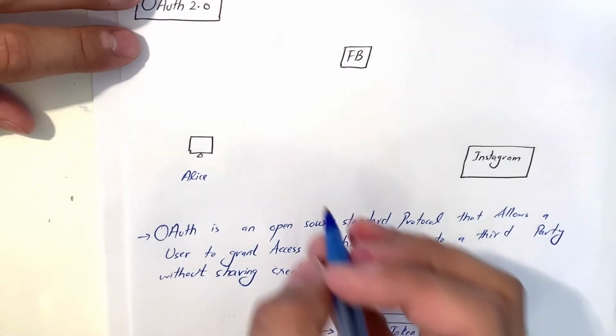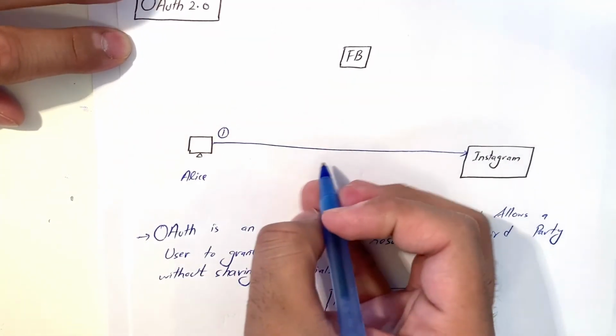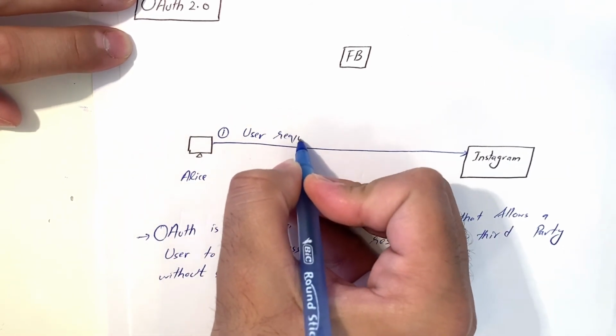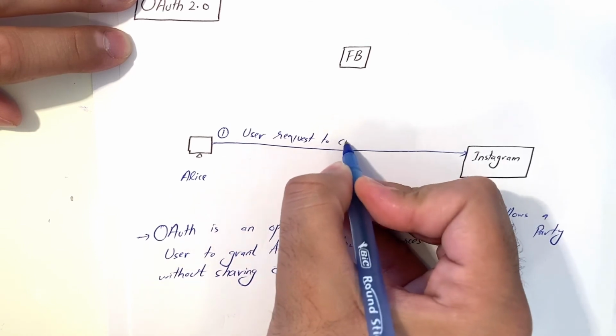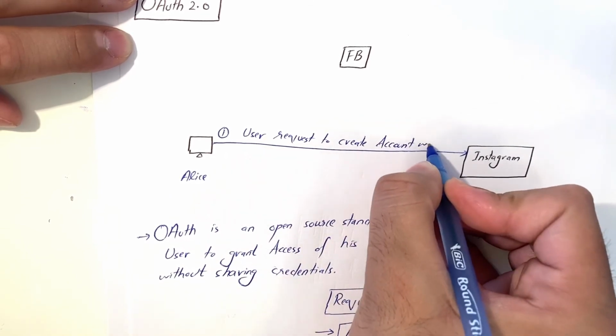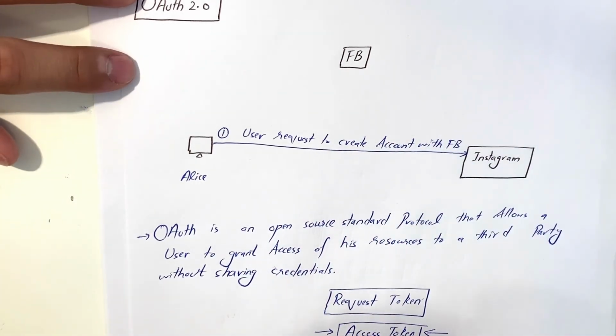The first step is that the user, Alice, requests to create an account with Facebook.